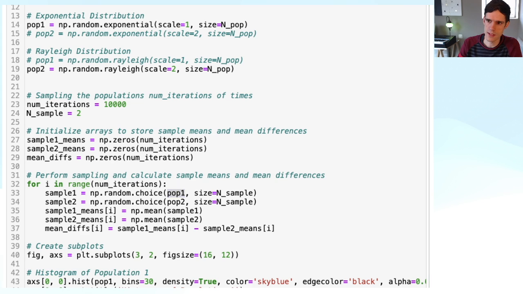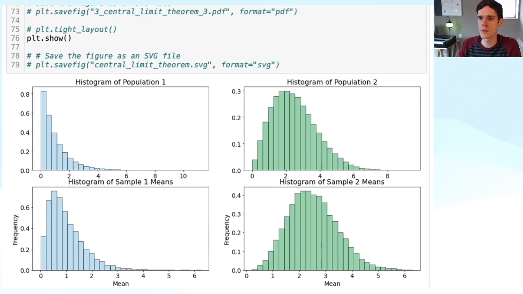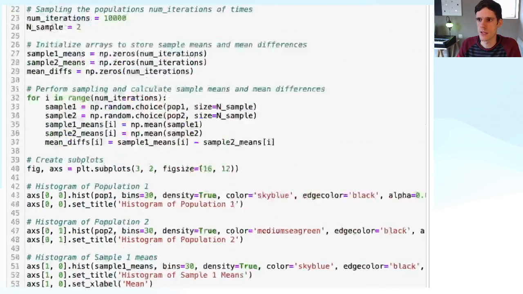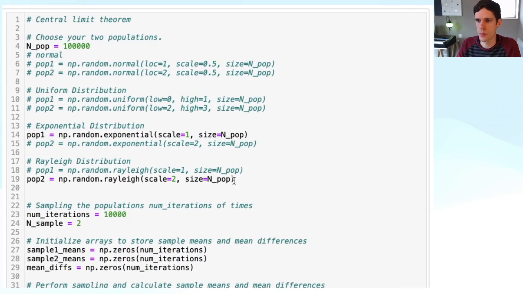And if we run this cell and see what happens, then we clearly see that the central limit theorem breaks down, because these distributions that represent the sample statistics are not normally distributed anymore. In fact, they look more like the population distributions than they do like normal distributions. And this stays the same even if we change the underlying populations.